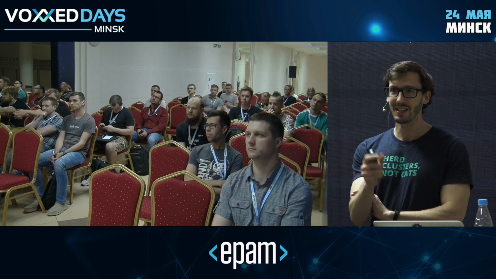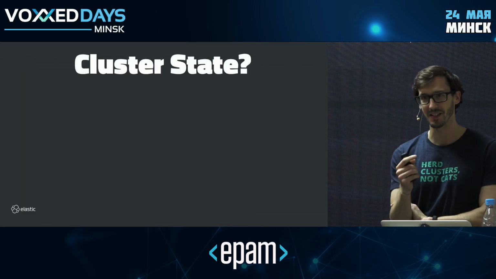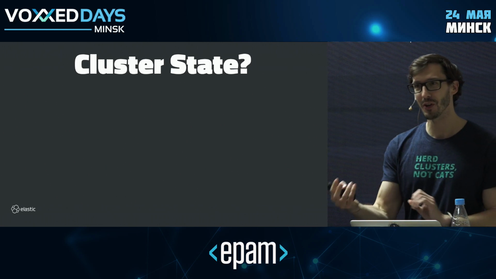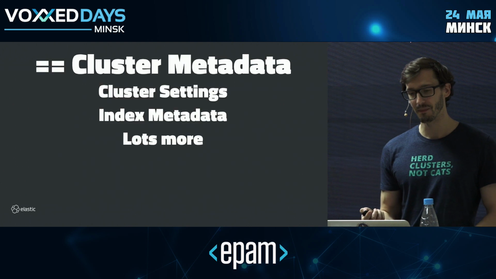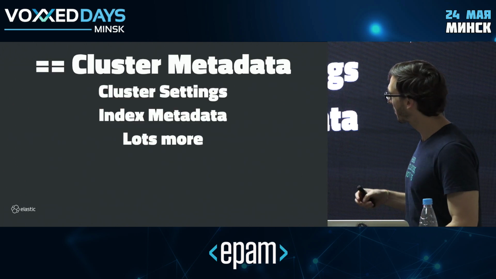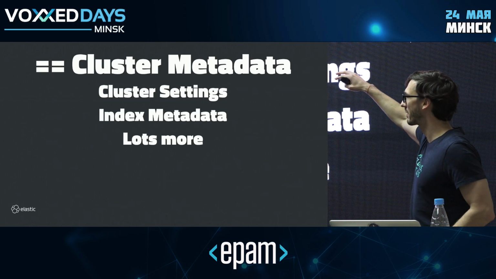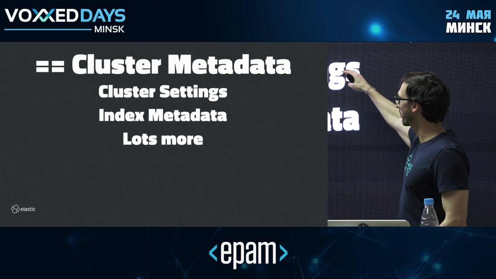So my easy answer out of that one is the cluster coordination is keeping track of the cluster state, which will not help you much if you don't know what is the cluster state. But the cluster state is basically the metadata that you have in your cluster. That might be, you have some cluster settings. You have, for example, configured some logging configurations in your cluster, or various other things you can configure in your cluster.